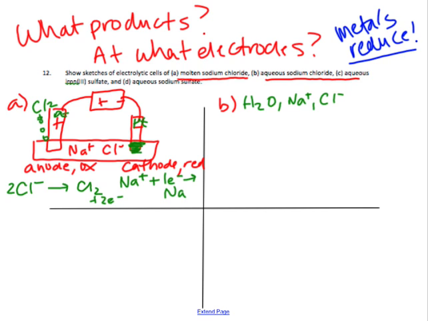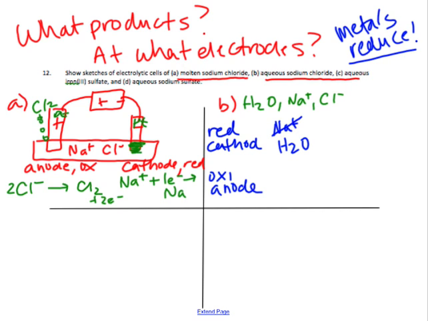Make sense? All right. So now I don't need to draw these. You get the picture. Do I need to keep drawing this box over and over again? But what I do want to write down is reduction at the cathode, oxidation at the anode. What are the two options for reduction in this portion? Na+ and H2O. Which one is the chihuahua going to reduce? The H2O.